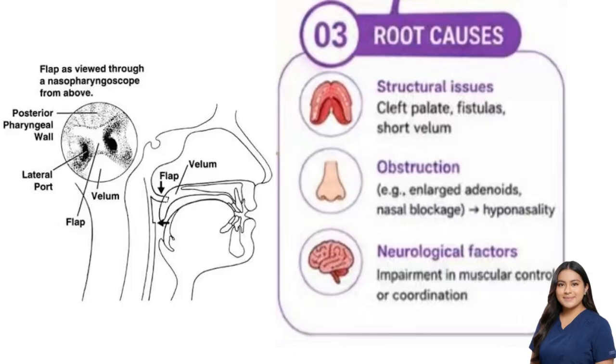The second is obstruction, for example, enlarged adenoids or nasal blockage, which typically result in hyponasality. And the third is neurological factors, when impaired muscle control or coordination affects the movement of the velopharyngeal structures.